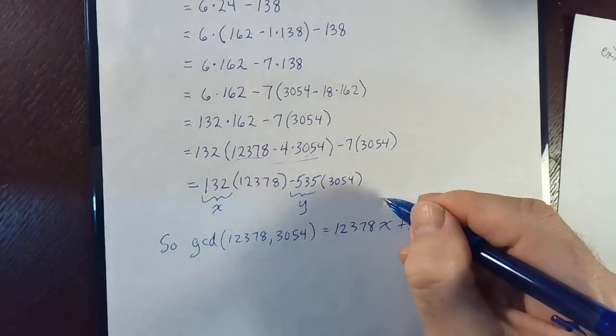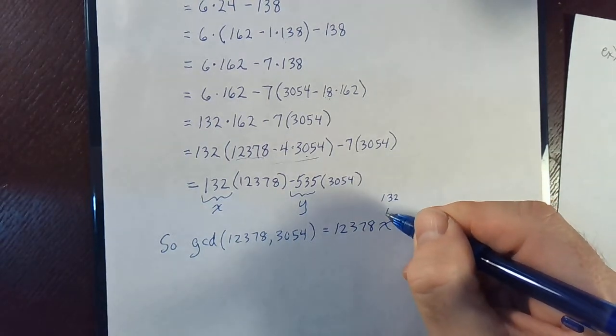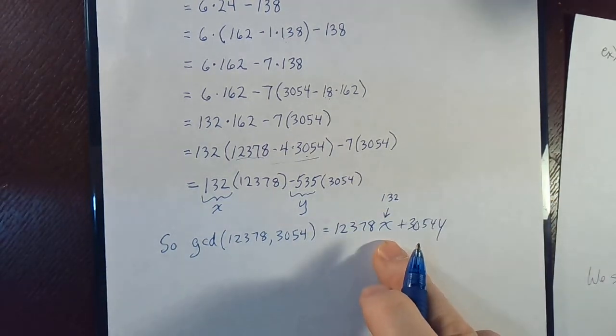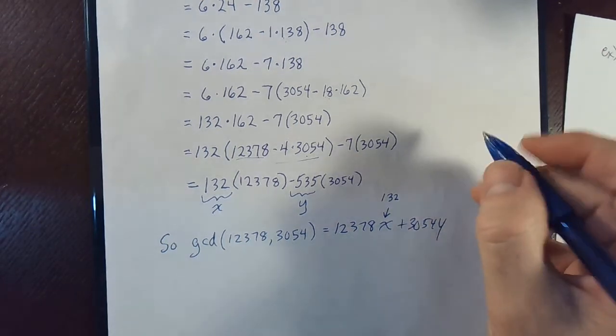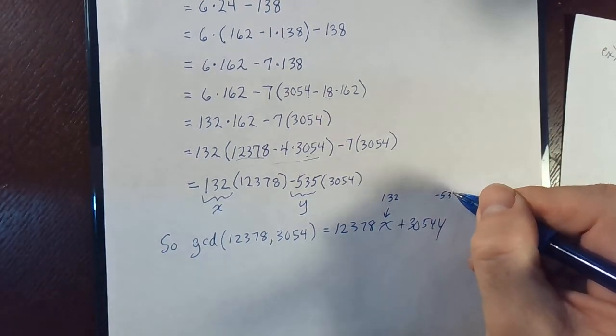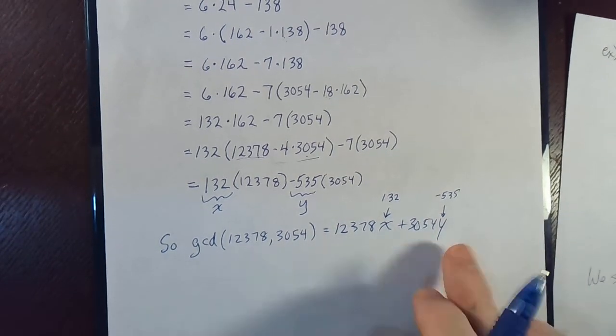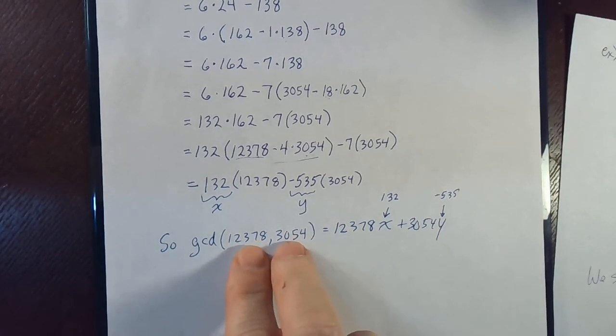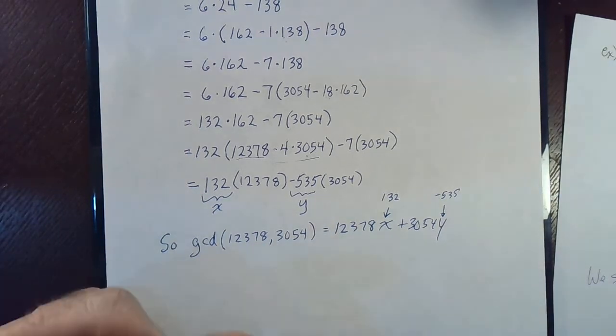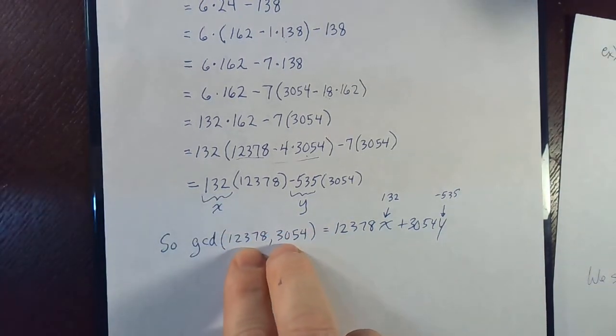And we showed that the x value that works is 132, and y is negative 535. And you will find that that always works. When you take the greatest common divisor of two numbers, that greatest common divisor can be represented as a linear combination of those two numbers.